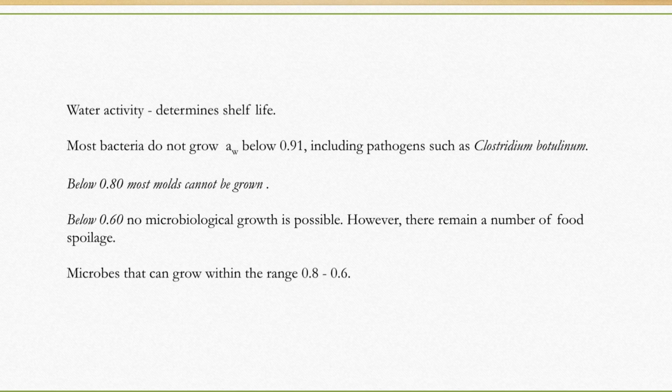So when a food has a water activity below 0.60, there is no possible cause for microbial growth, but there are chances for a number of food spoilage issues to occur. Microbes usually grow within the range of 0.6 to 0.8.